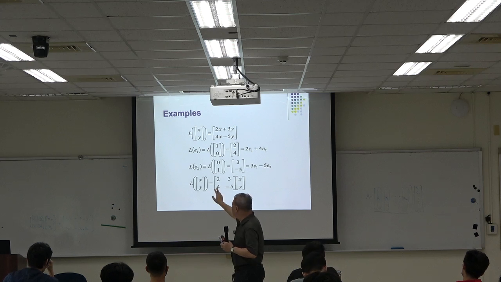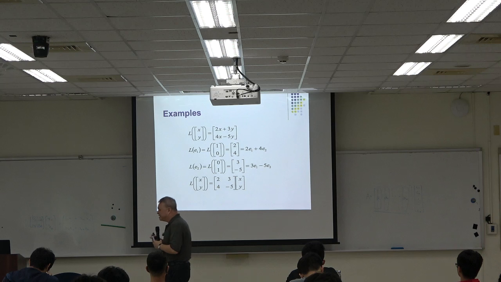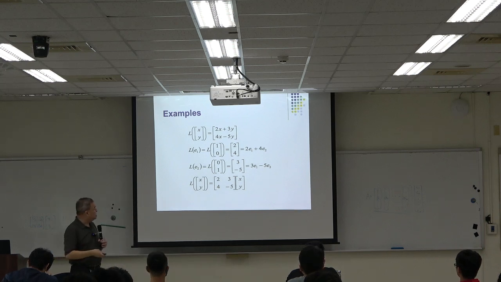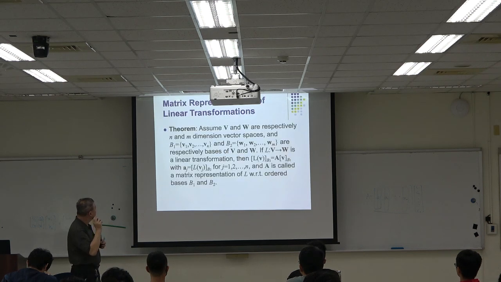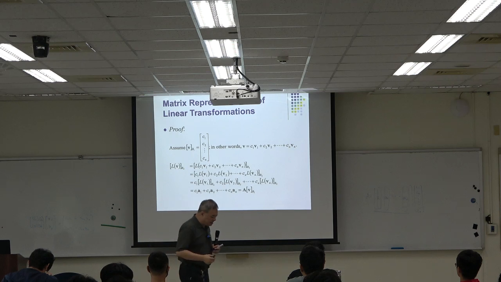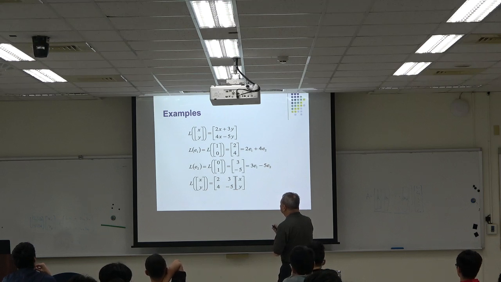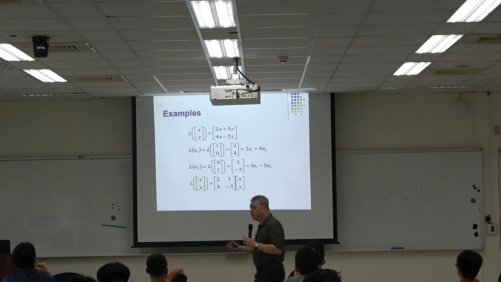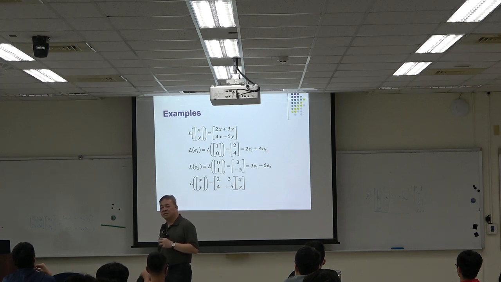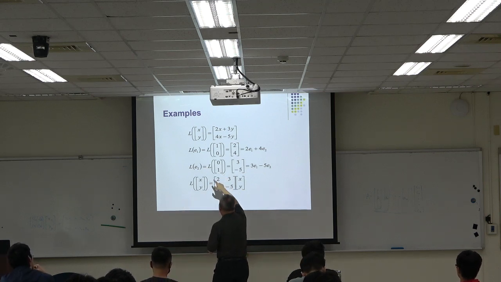This is obviously from two-dimensional to two-dimensional. If we use a standard basis, E1, E2, for R squared, then E1 is (1,0).